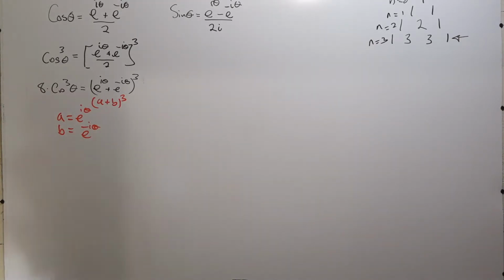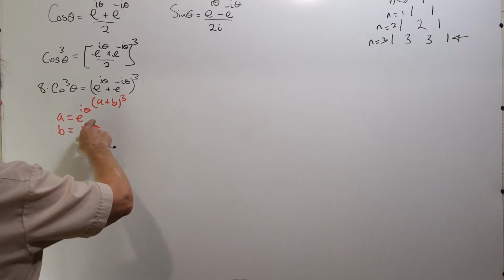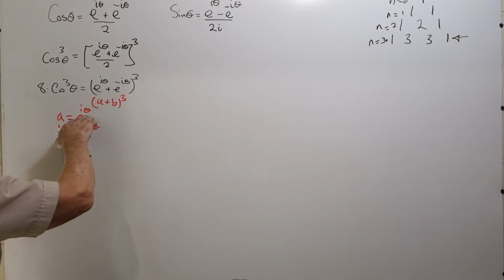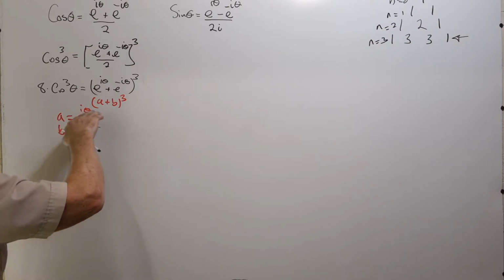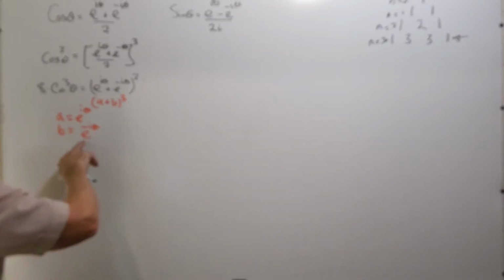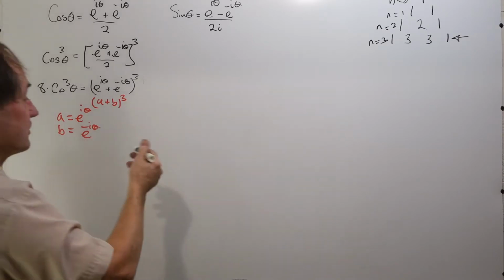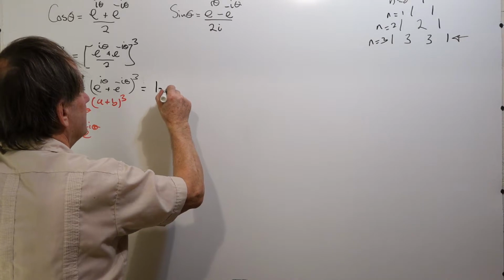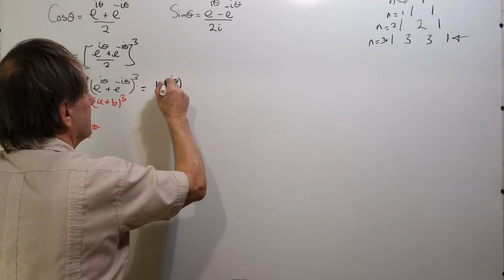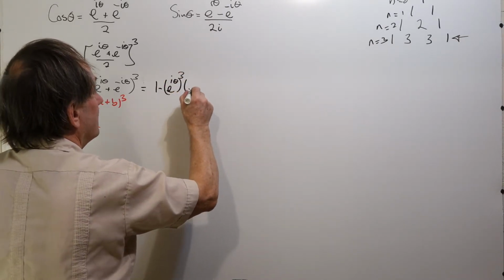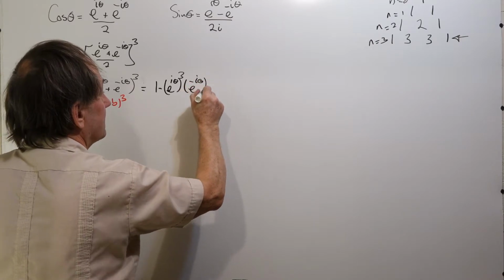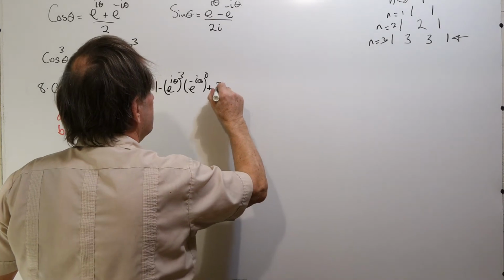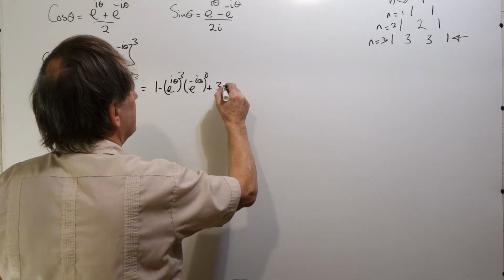So we start out with a to the third power, decrement the exponents on it by 1 for each term, and increment the exponents on the b for each term. So starting off, we have 1 times e to the i theta to the third power, e to the minus i theta to the 0 power, plus the next term is 3, the coefficient on the next term.